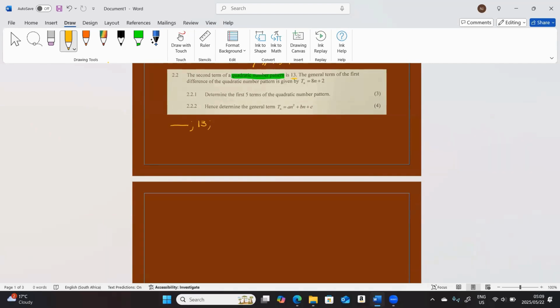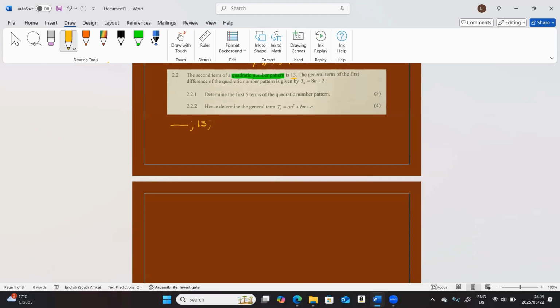They say the general term of the first difference of the quadratic number pattern is given by term n equals 8n plus 2. So guys, that's the only information that they give. They do not give me any other terms in my quadratic number pattern.